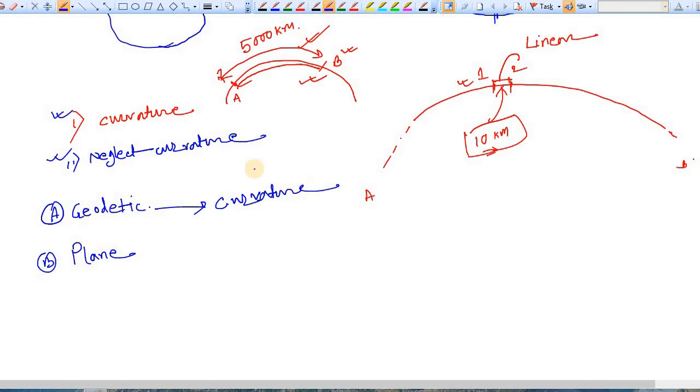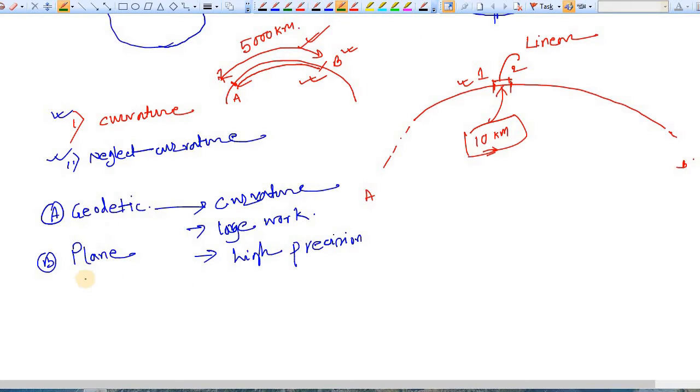This is normally for large work, large measurement, and this type of measurement needs high precision. Only in that case do you consider this curvature.